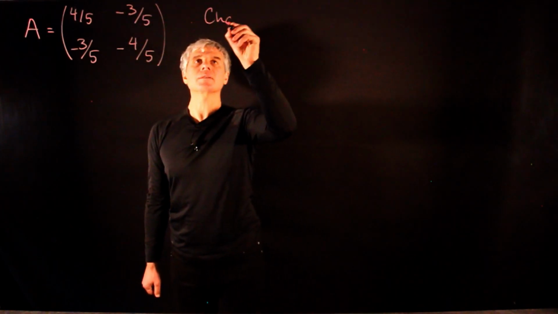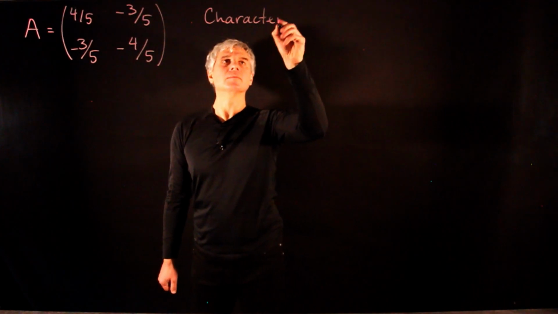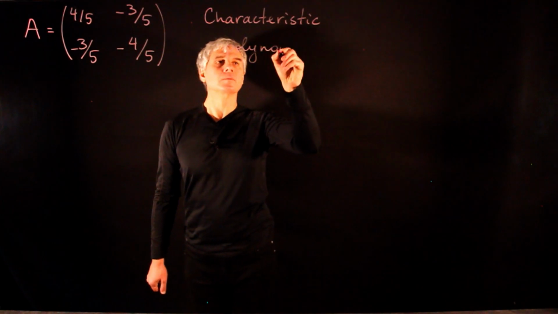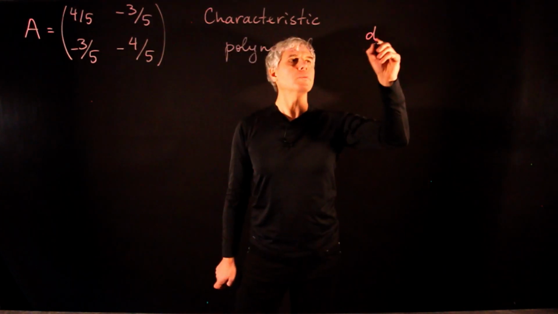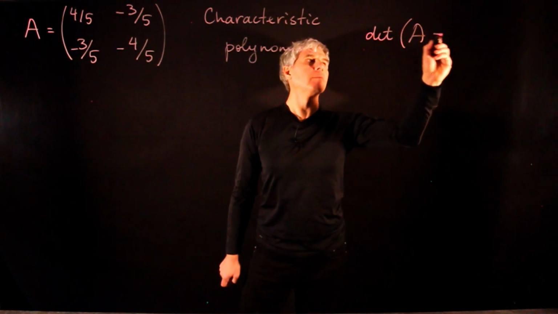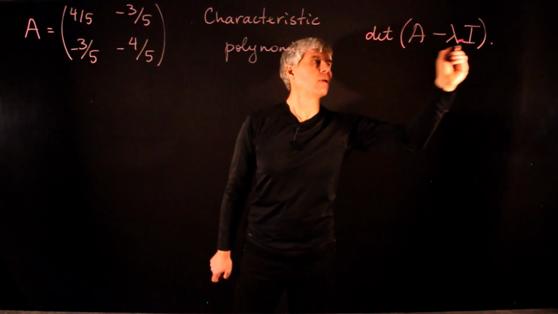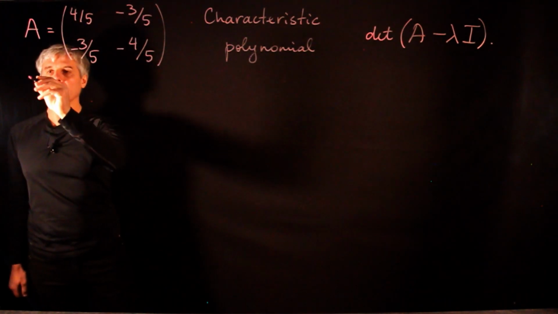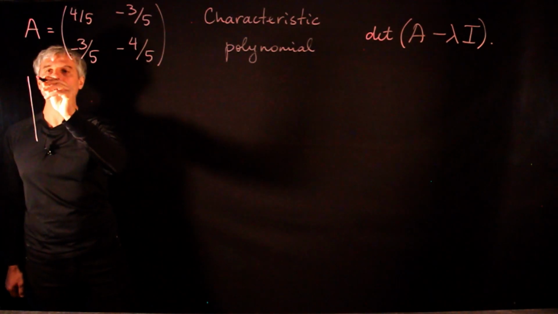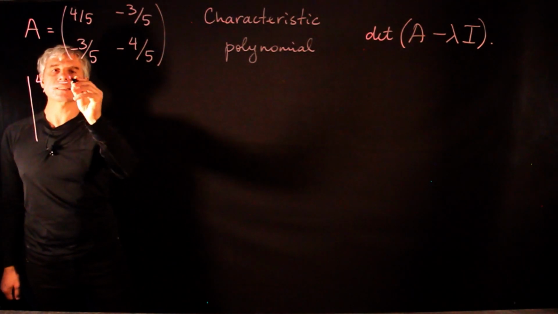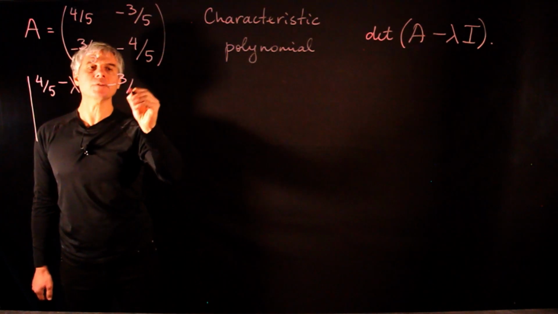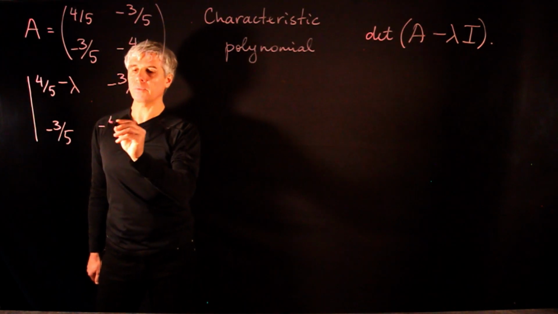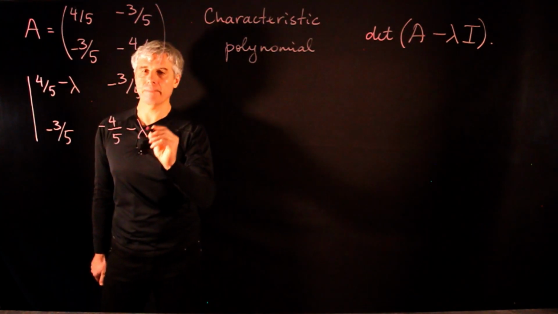So we begin with the characteristic polynomial, determinant of A minus lambda I. If we subtract lambda from the diagonal entries, then we get the following 2x2 determinant: 4/5 minus lambda, negative 3/5, negative 3/5, and negative 4/5 minus lambda.